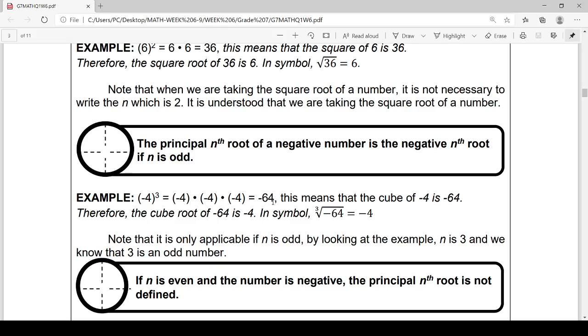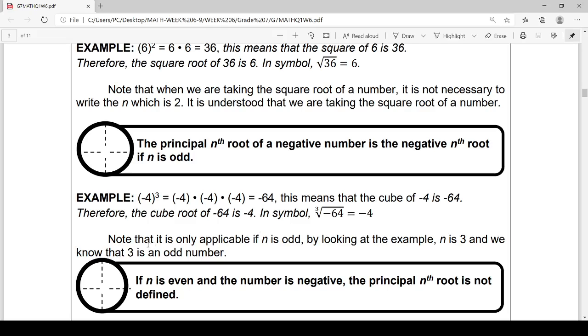That is if the base is negative and it is raised to an odd exponent. This means that the cube of negative 4 is negative 64. Therefore, the cube root of negative 64 is negative 4. In symbol, we have cube root of negative 64 is negative 4.